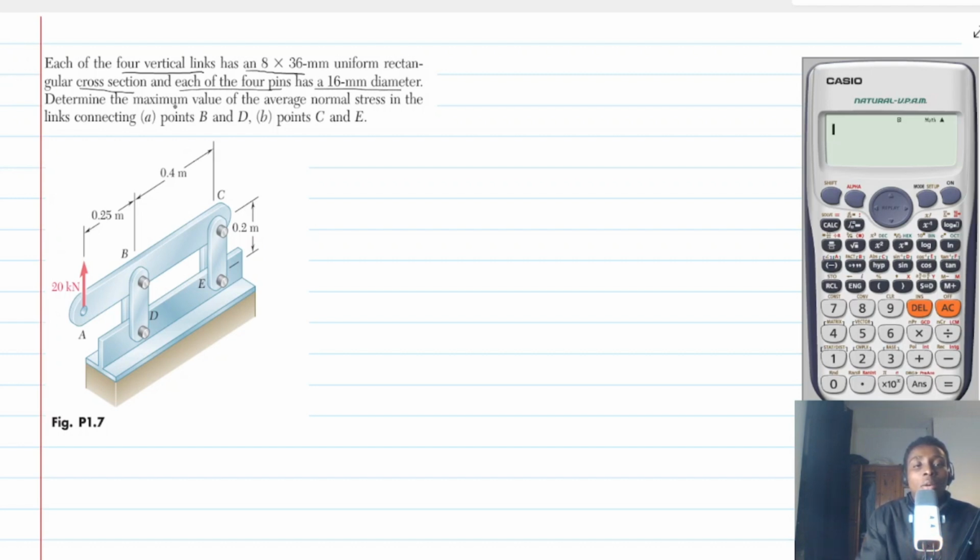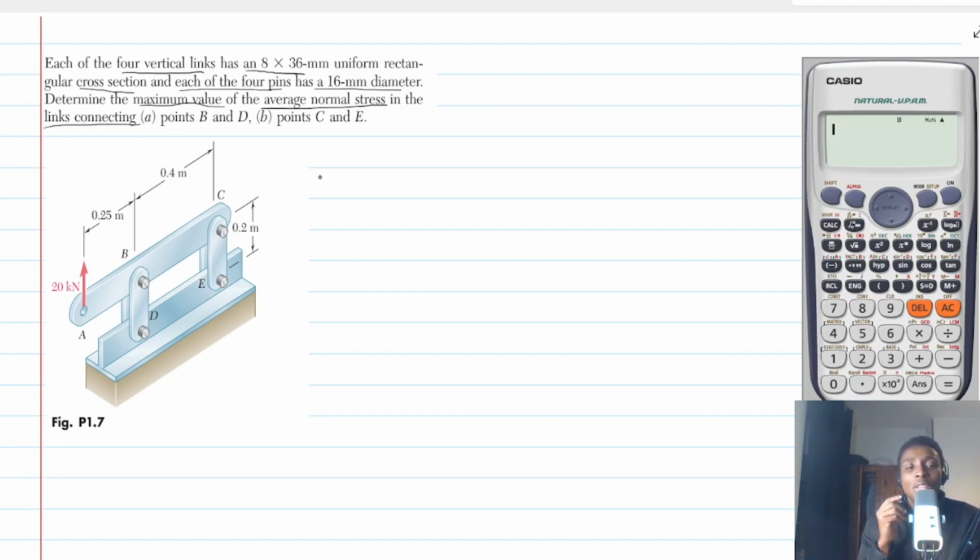Our task is to determine the maximum value of the average normal stress in the links connecting points B and D, and then points B and C.